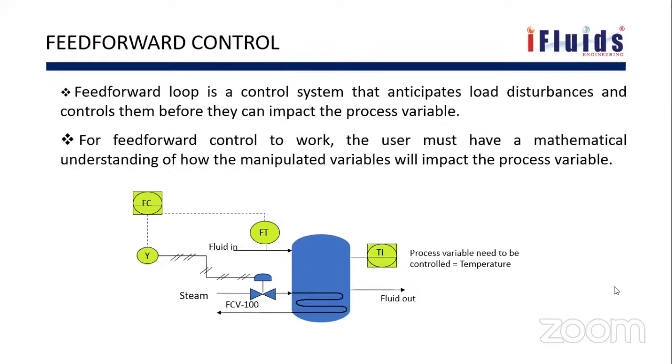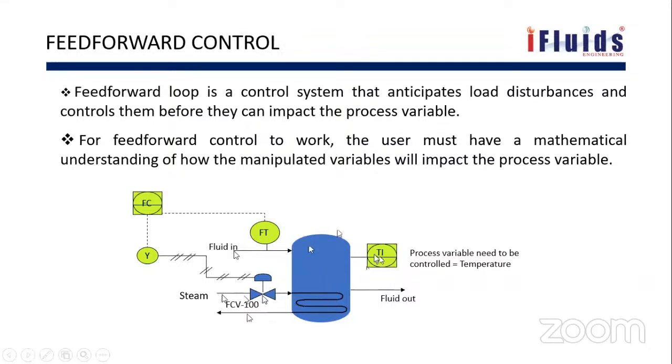A feed forward loop is a control system that anticipates load disturbances and controls them before they can impact the process variable. So here in this process, you are giving a fluid in and you are maintaining the fluid temperature here, and you are giving steam for heating the fluid.